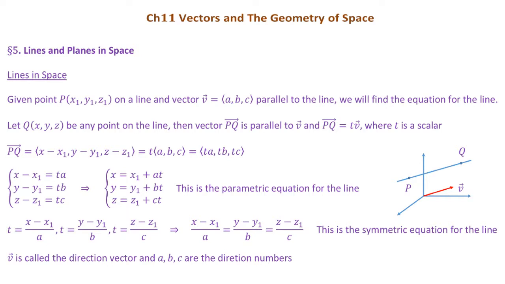That's how we use vectors to describe a line in 3D space. We're going to talk more about this topic next time, hopefully finishing the whole thing in the next class. Any questions about this?